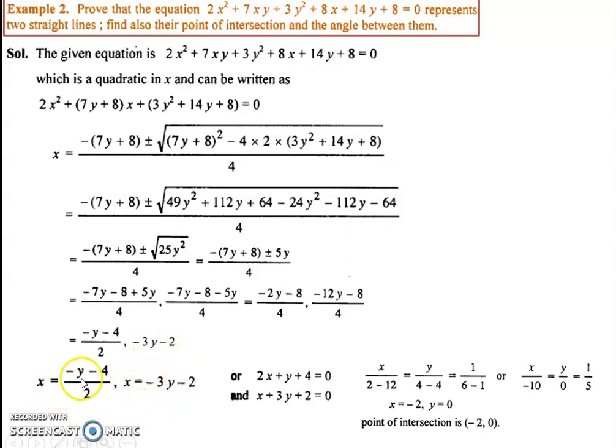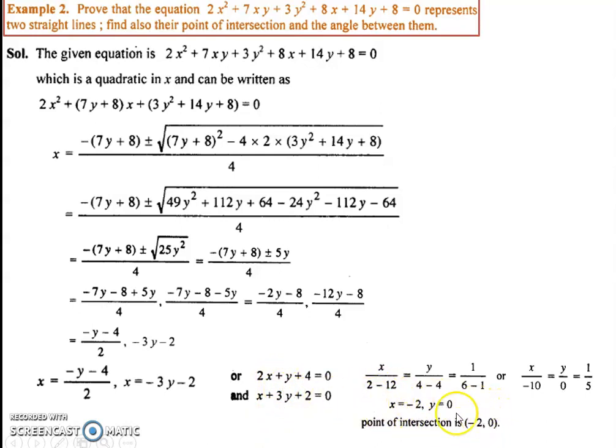So x = (−y − 4)/2 and x = −3y − 2. On simplifying, taking 2 to this side, I got 2x + y + 4 = 0 and x + 3y + 2 = 0. On solving these two equations by any method you know, we get the point of intersection.